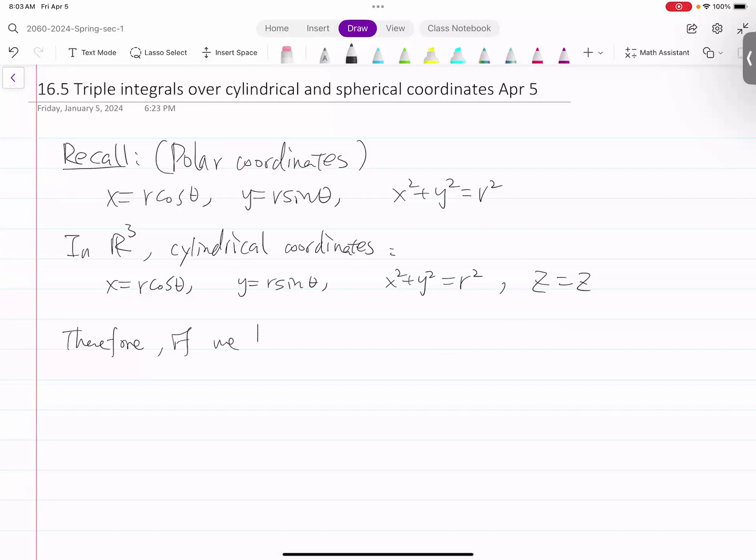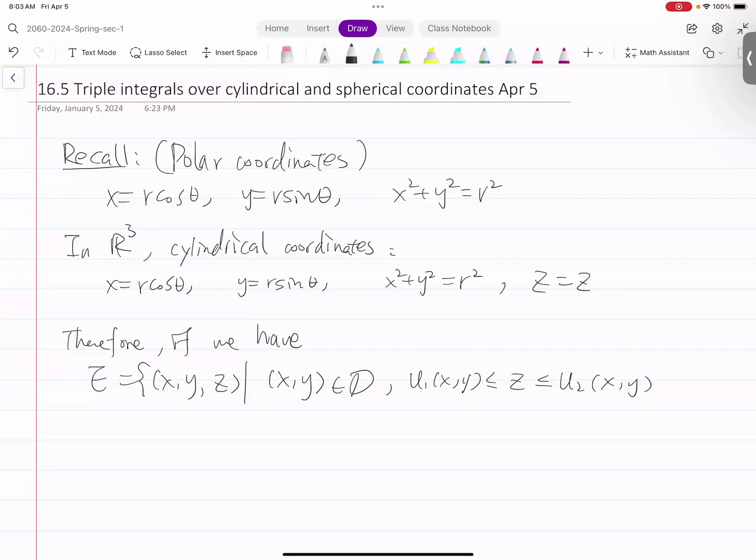Therefore, if we have a solid E that's described as type 1, in the sense that we have the xy pair within some region D, and z is cut between functions u1 of xy and u2 of xy as two surfaces bounding the z value.